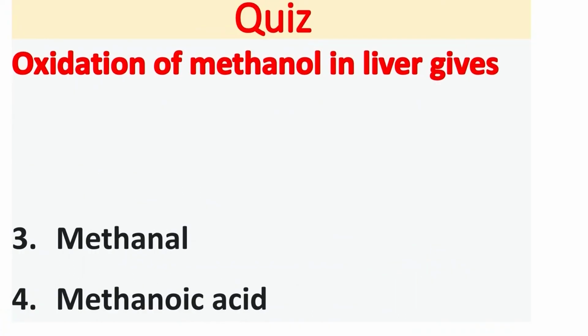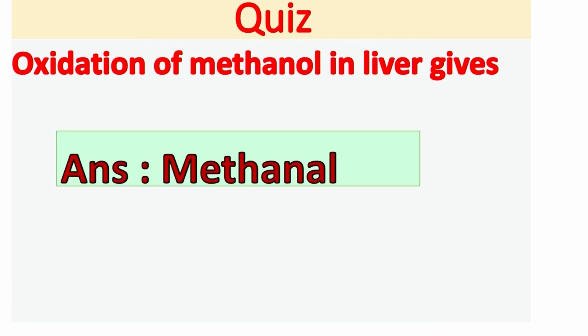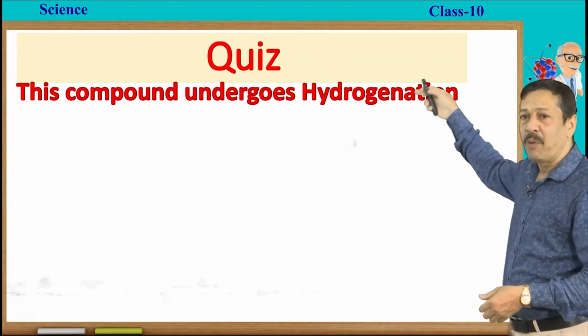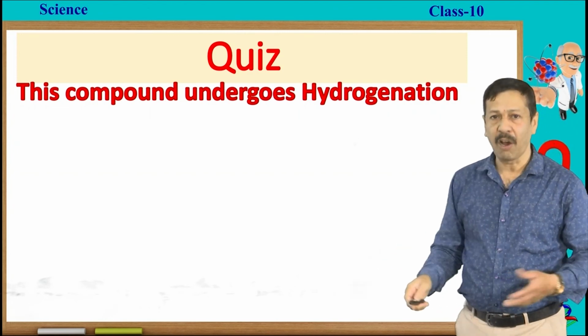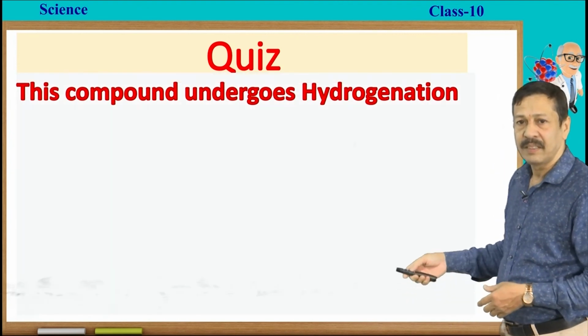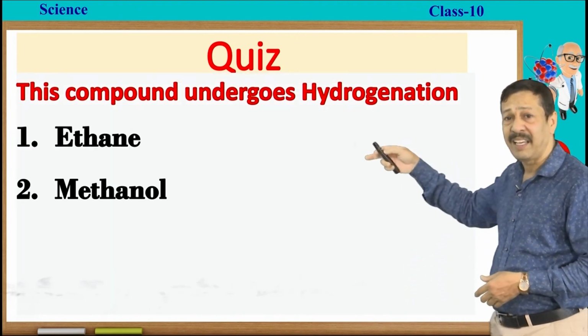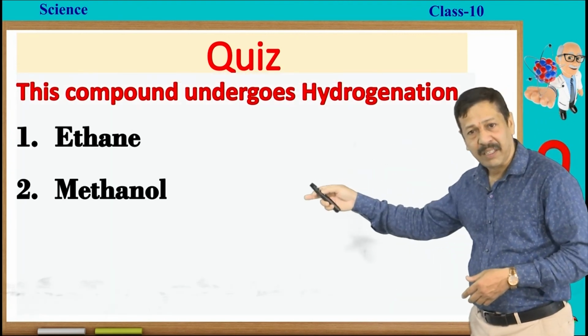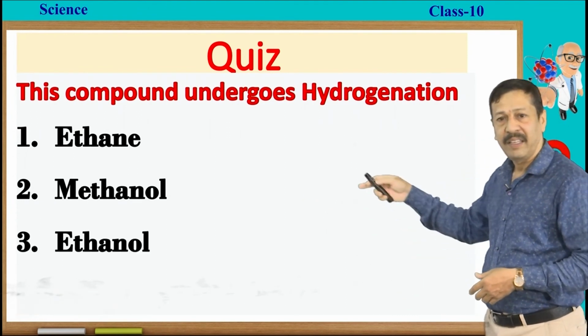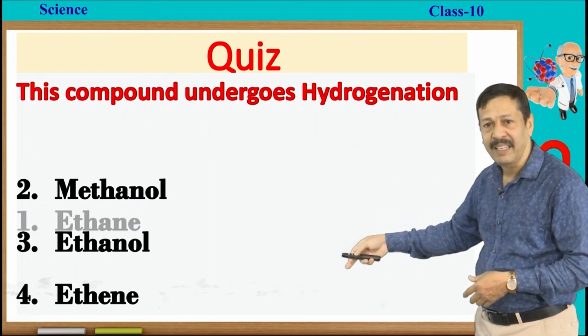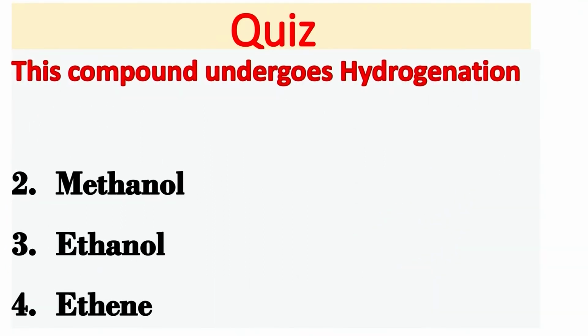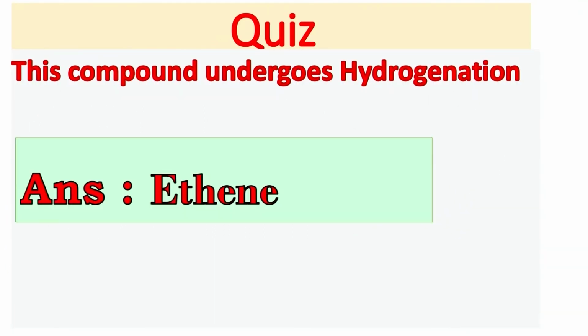The right answer is aldehyde, methanal. This compound undergoes hydrogenation. What are the compounds? Your options are, the first one is ethane, methanol, ethanol, and lastly ethene. What is the answer? Let us check. The answer is ethene.